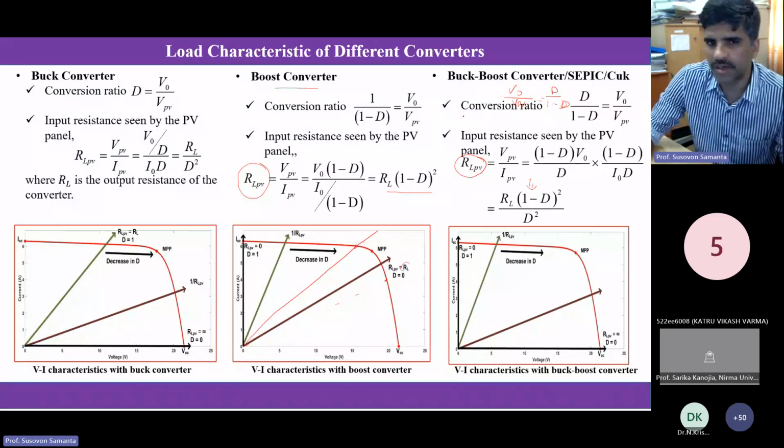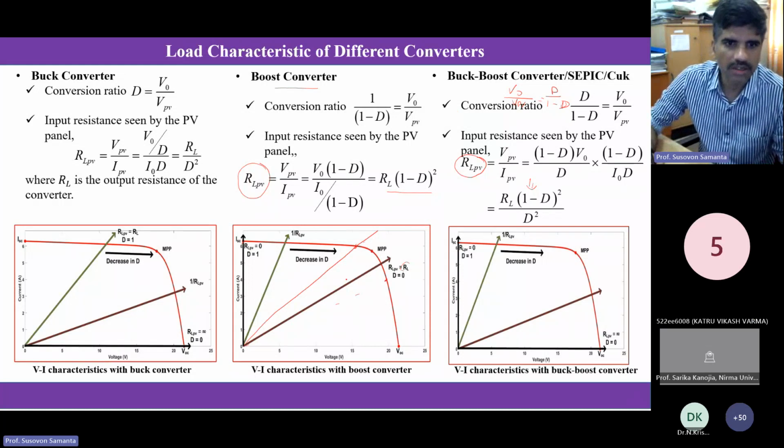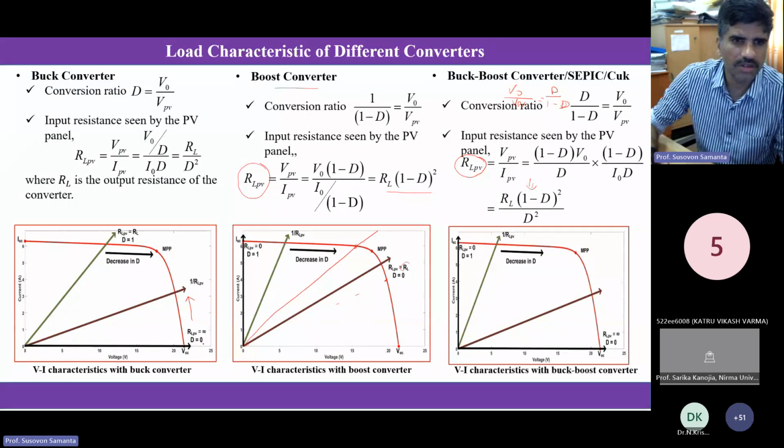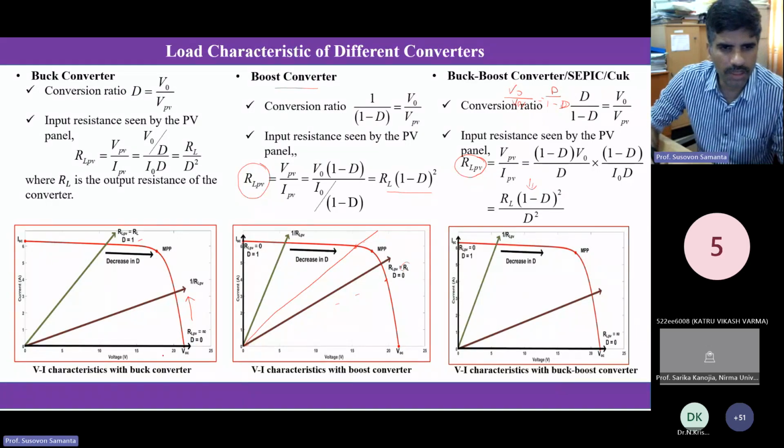Another important point I want to make here, because that will be useful for understanding the MPPT algorithm. If you see in all the converters, what is happening if I increase the duty ratio, because D equal to 0 and this is D equal to 1, your panel voltage is actually decreasing.